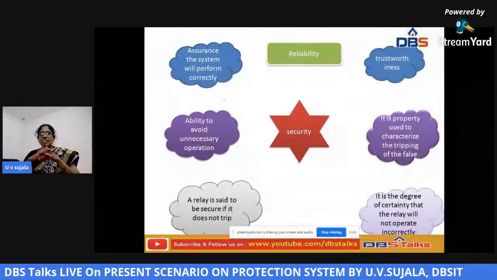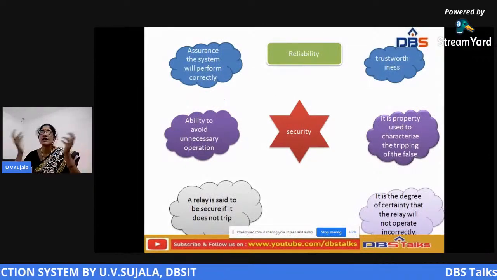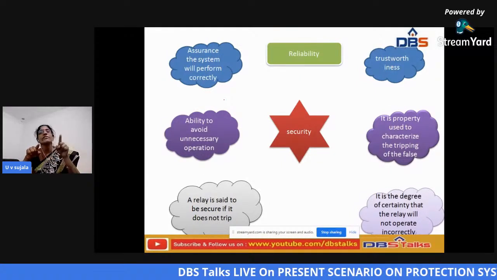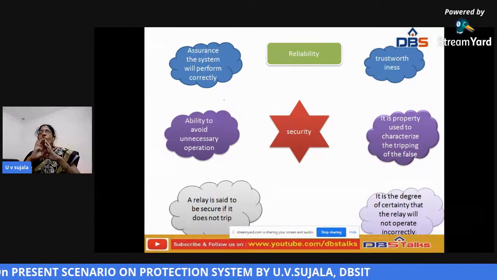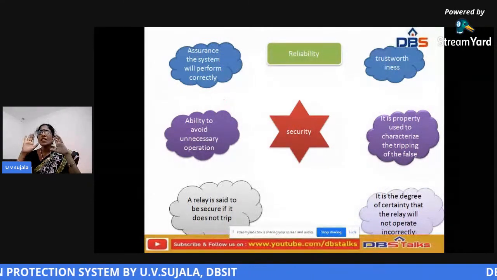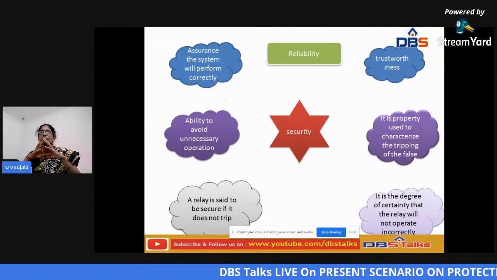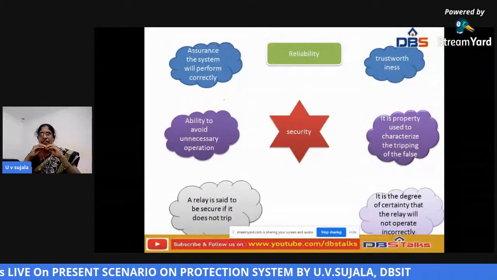Whenever the relay senses the signal, the circuit breaker operates, and that should happen only when a fault occurs. So security means avoiding unnecessary operation. Tripping under non-fault conditions would be an incorrect manner of operation.